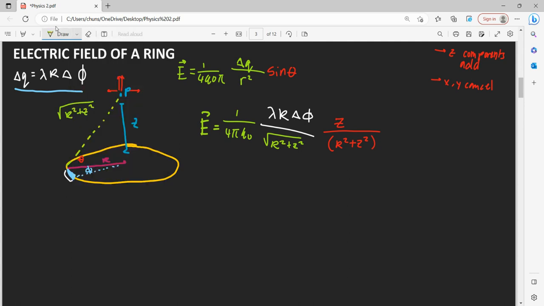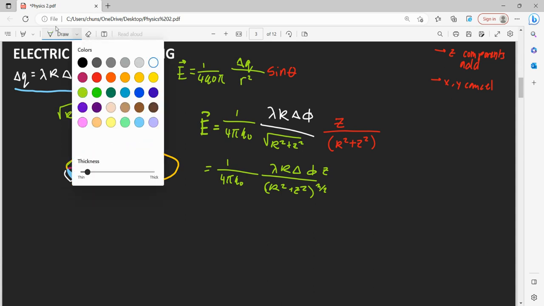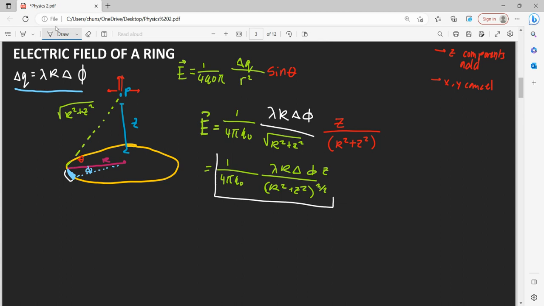We simplify that, that becomes r squared plus z squared to the 3 over 2. So there is our electric field. And we can stop there. So there it is, and we are done for that part of the question.